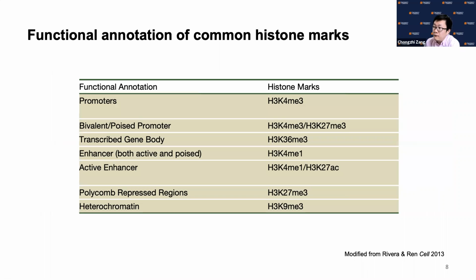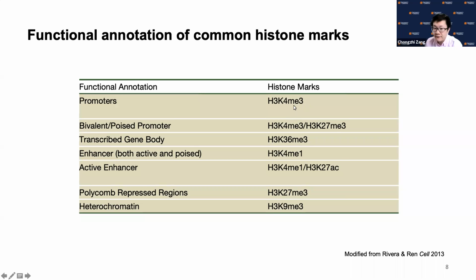For these 6 common histone marks, I think this is what we will see again and again, so we want to summarize the functional annotation of these 6 common histone marks. H3K4 trimethylation is usually marked at the promoter regions, not necessarily meaning that the gene will be active.